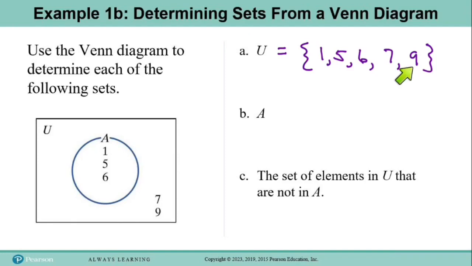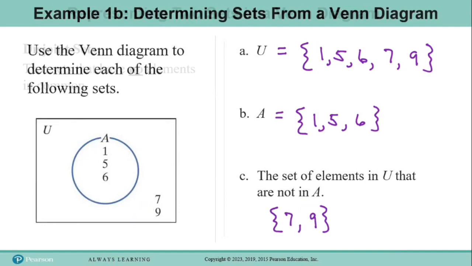So I have them listed here in order from smallest to largest, but that is not important at all. If you listed them in a completely different order, your answer would still be correct as long as you have all the elements there. The elements in set A will be 1, 5, and 6. And the set of elements in U that are not in A would be the set that includes the 7 and the 9.